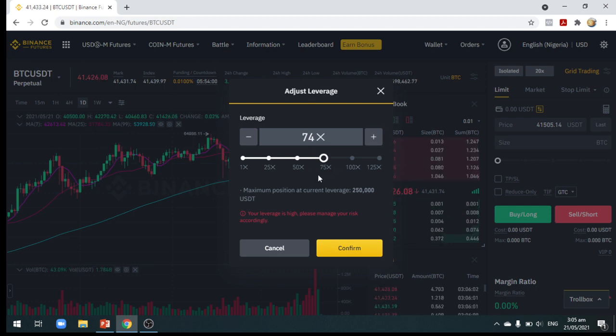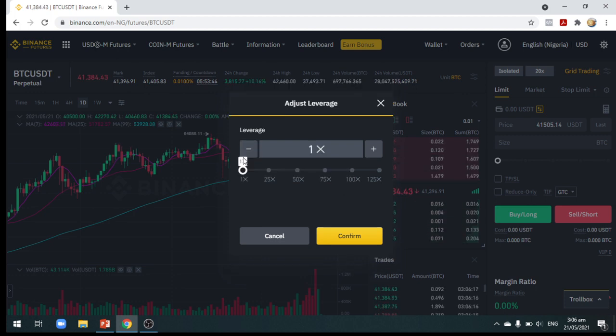So leverage helps you to make more money. If you use leverage, you have the potential to make more money than you would have made if you didn't use any leverage. Now, 1x leverage simply means that you are not using any leverage, because the amount of coins you have is the amount that you'll be able to use to trade with.